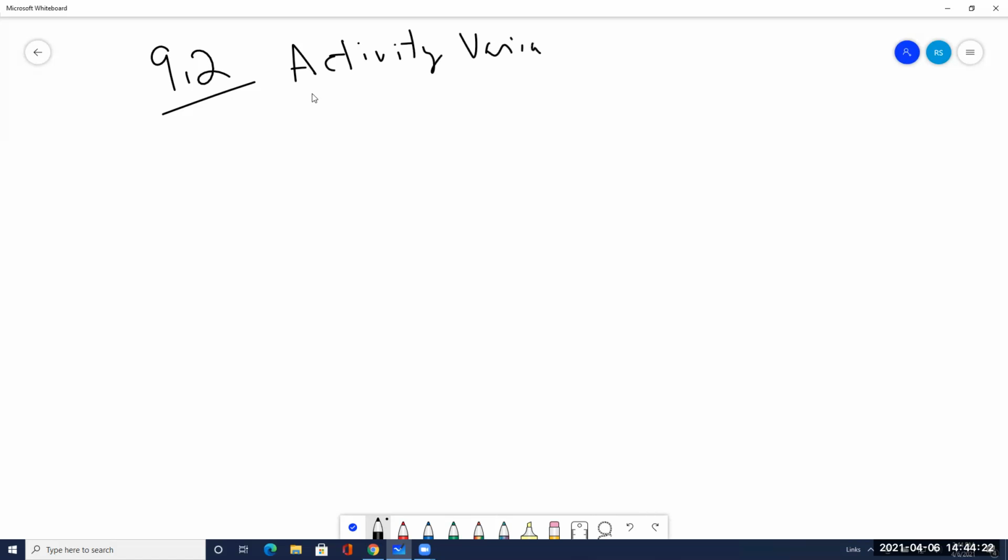Okay, we're going to go ahead and calculate an activity variance, and it's for the flight cafe. And once again, this is an activity variance. And once again, it's for the month ended.